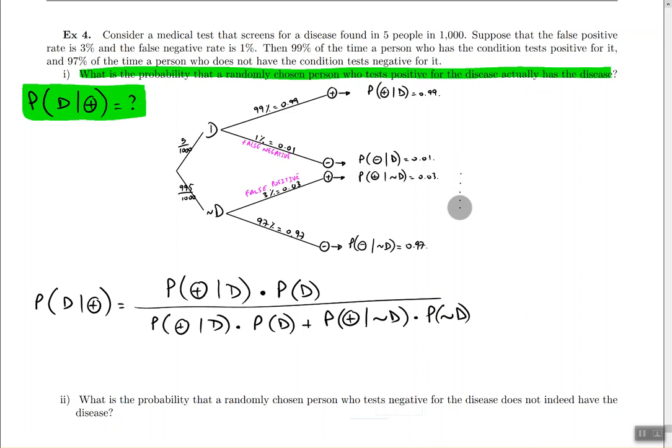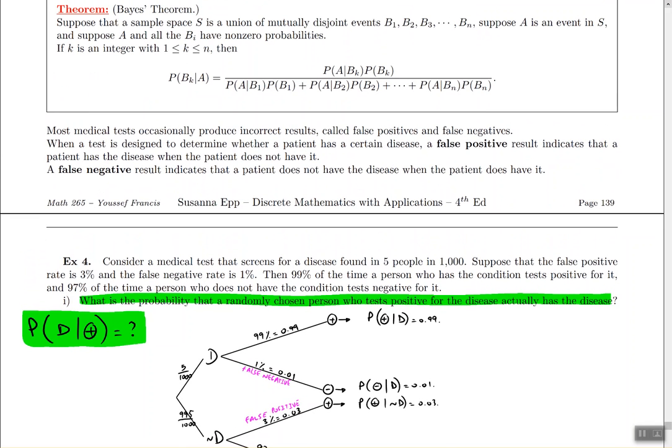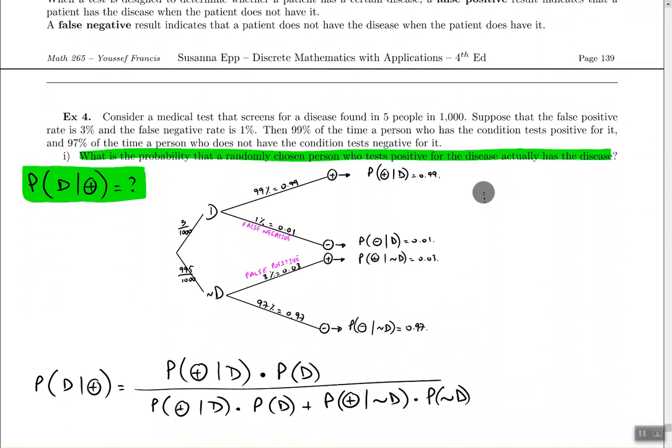Okay, so why did I do this? Again, just check out what Bayes' theorem looks like. In Bayes' theorem, we have the same A in front of all of the probabilities in the front, and the B in the second half goes from B1 to B2 to B3 and so on and so forth. So for me, the first letter or first character should stay the same.